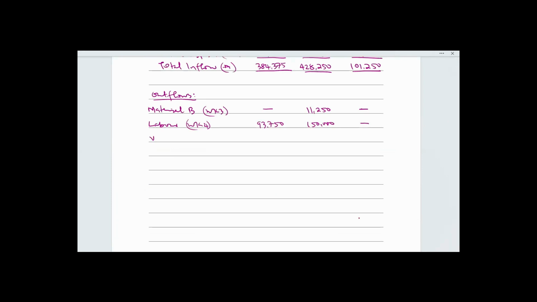Variable overhead, working number 6: 60,000, 84,000, dash.